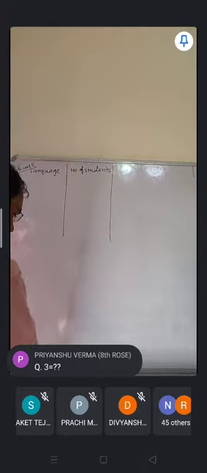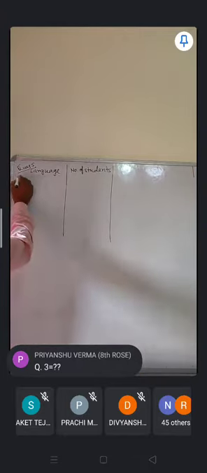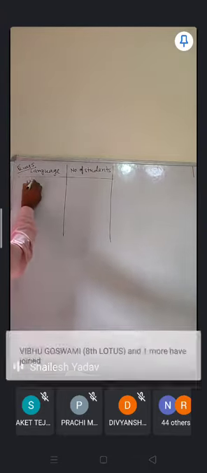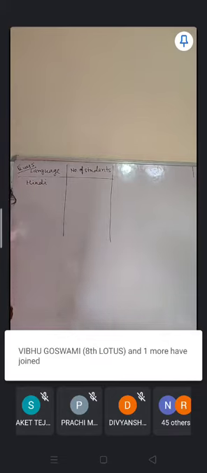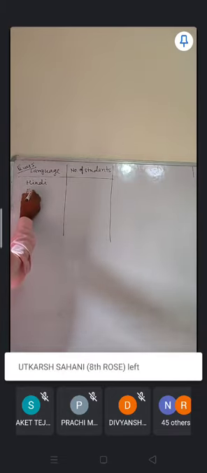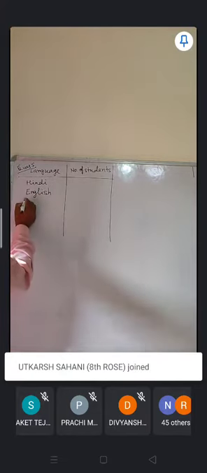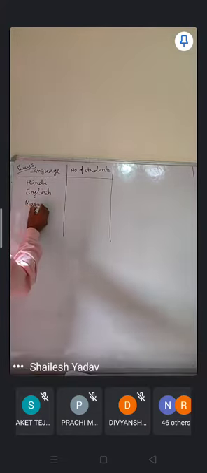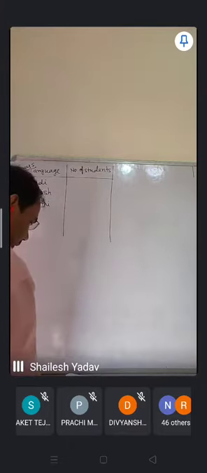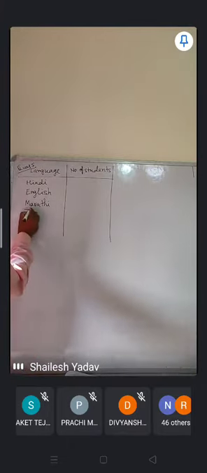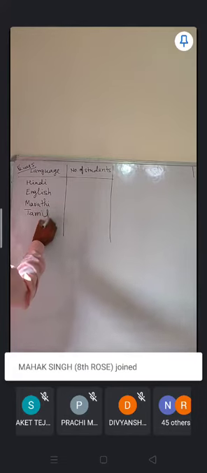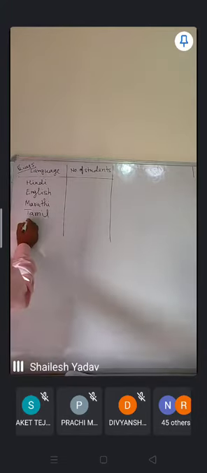One more row is given, the total. The first language is Hindi, the second is English, the third one is Marathi, the next one is Tamil, and the last one is Bengali.